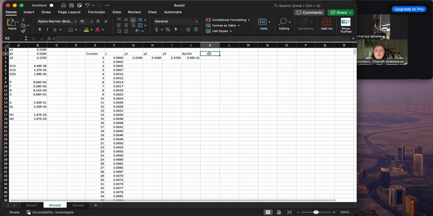Okay, so now let's do it for methanol, which is dy2 divided by dN.